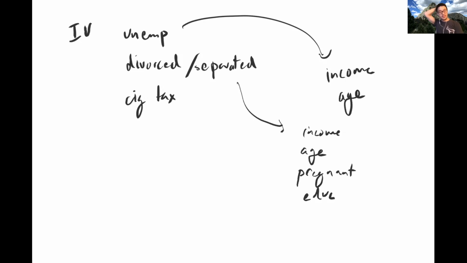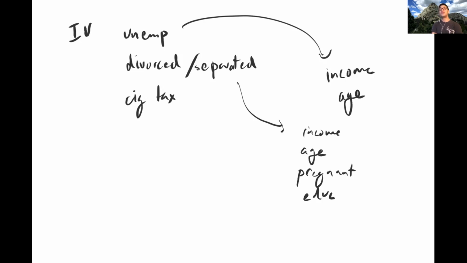Meanwhile, the cigarette tax, that probably is something that is a good instrument, right? Because the fact that there is a cigarette tax is probably unlikely to be related to, you know, you as an individual having more or less income, being older or younger.